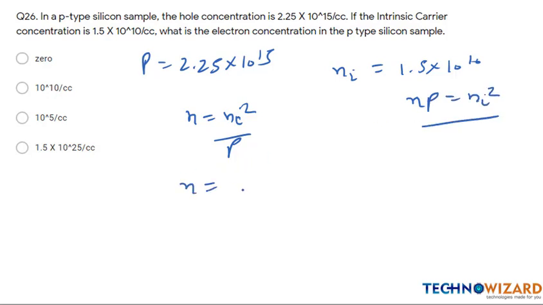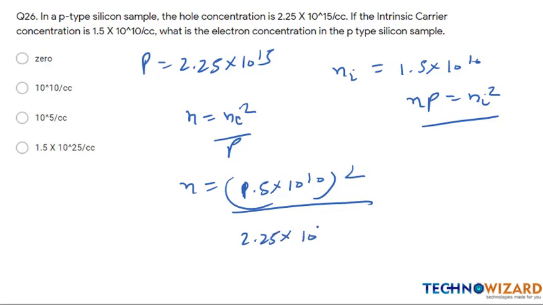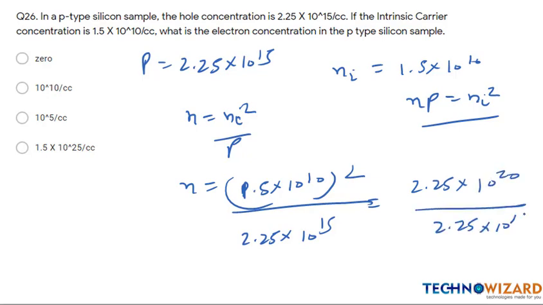Therefore n is equal to (1.5 into 10 to the power 10) whole square upon 2.25 into 10 to the power 15. On solving, you will get 2.25 into 10 to the power 20 upon 2.25 into 10 to the power 15. This will get cancelled, and you get 10 to the power 5. Therefore 10 to the power 5 is the correct answer, option C.